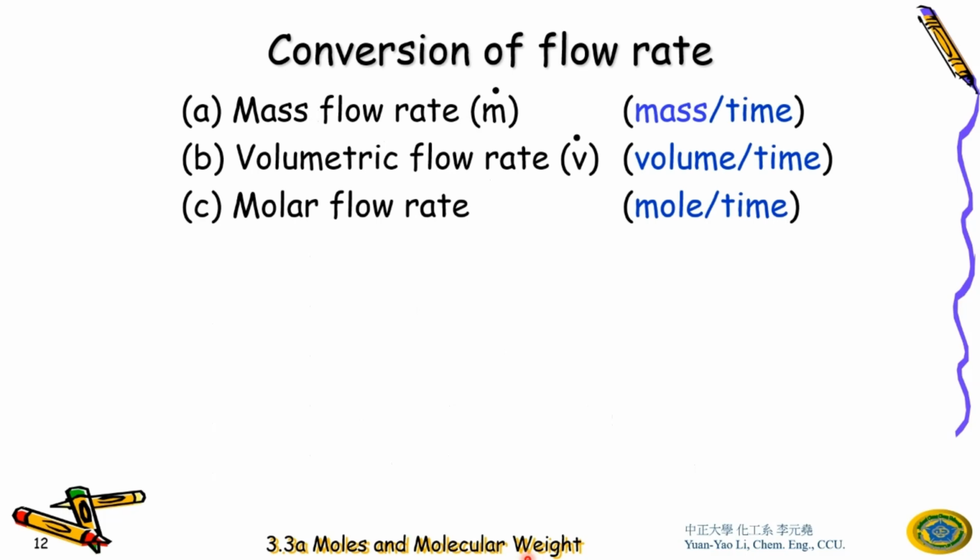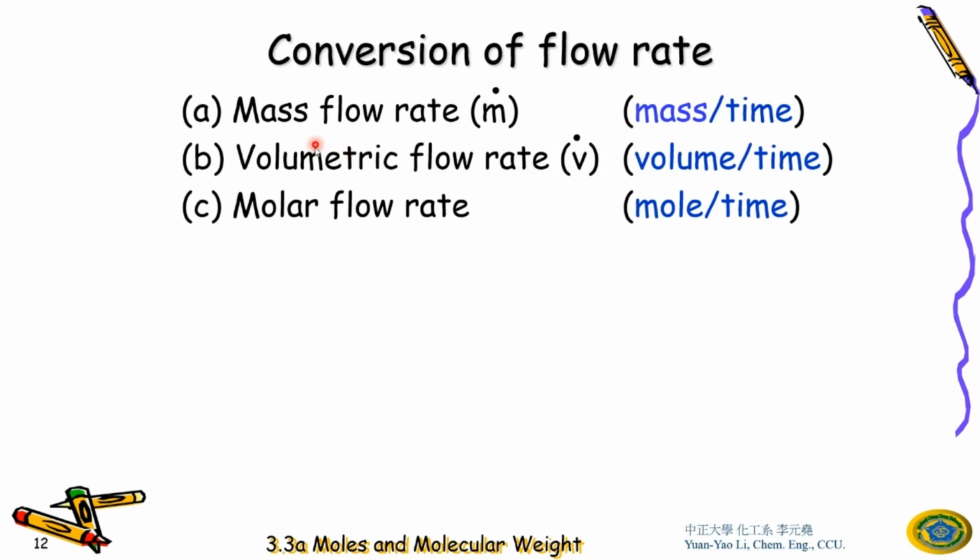Right, so here is important information you need to know. If I ask you how to find the mass flow rate from the volumetric flow rate, I'm sure it's easy for you to tell me using the conversion factor of density, right? So you can get the volumetric flow rate using a rotameter.